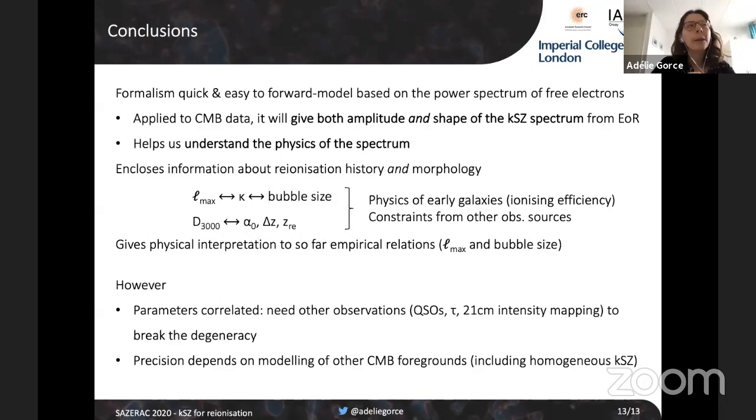Okay, I'm not sure I really understand the question. The evolution of the free electrons power spectrum is definitely something we've observed in other types of theories. Just for 21 centimeter, you also follow the evolution of the amplitude with time. It's going to depend on where you're at in the reionization history.